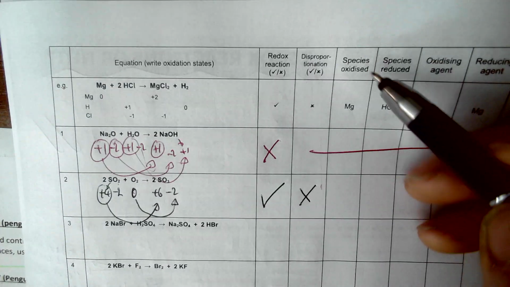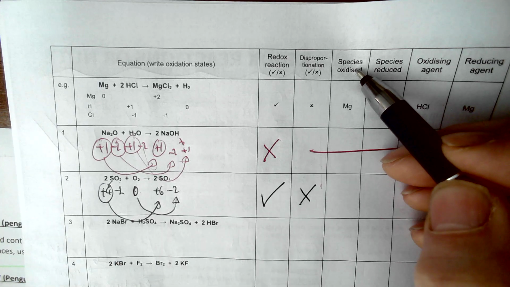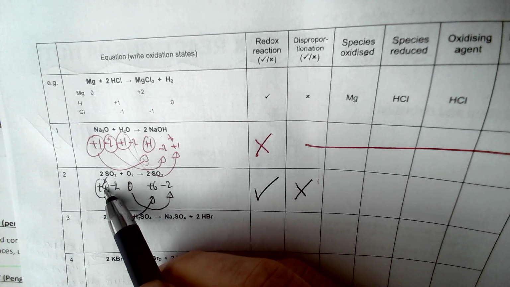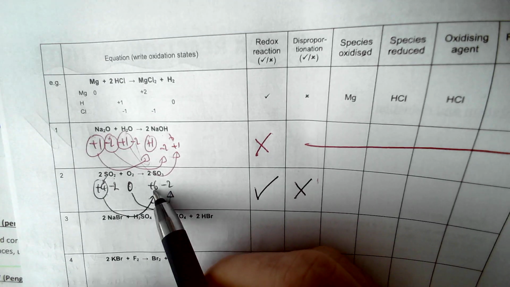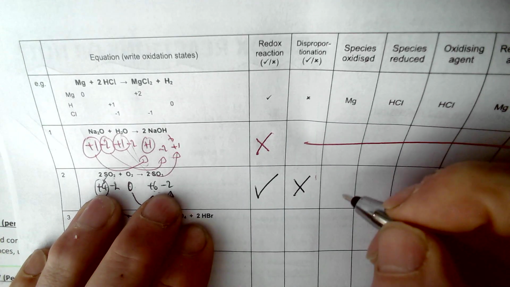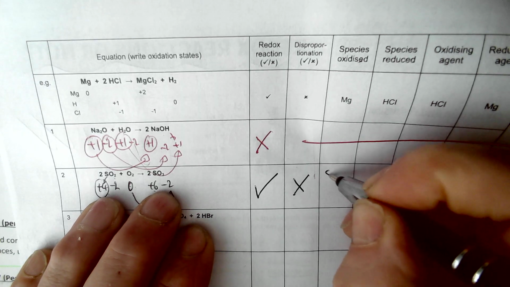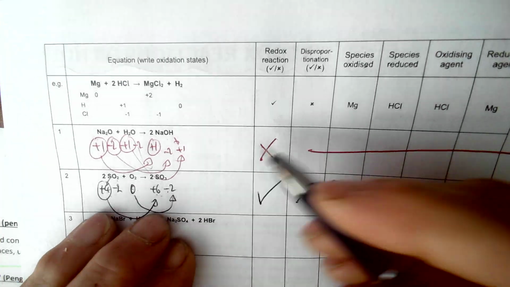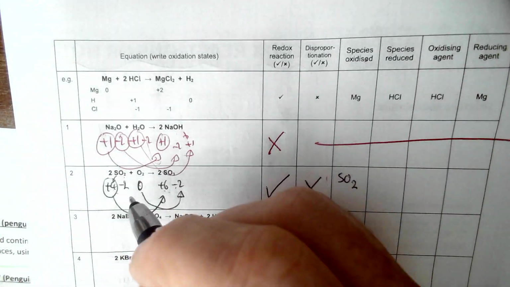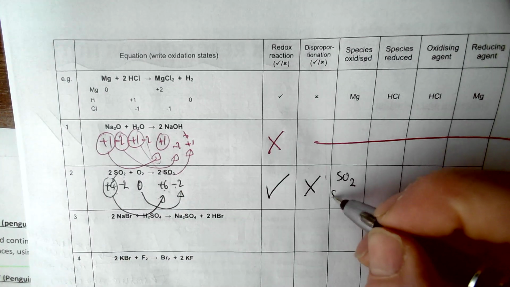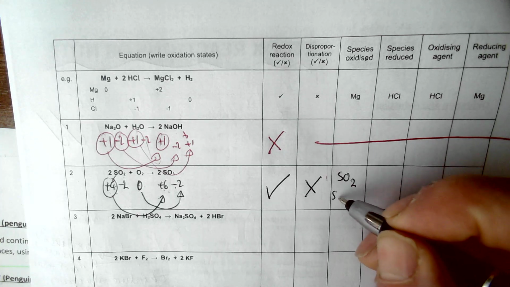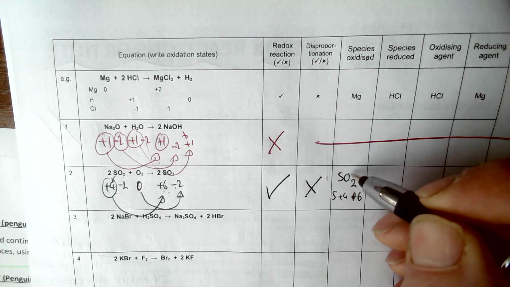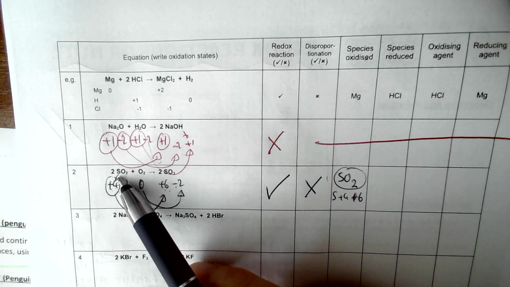What is the species that has been oxidized? Oxidized is when the oxidation state goes up: +4 to +6. The species that's been oxidized is the SO2, which has turned into SO3. If I was being more specific, it's the sulfur in SO2 that has gone from +4 to +6, but you can simply say it's the sulfur dioxide that has been oxidized.